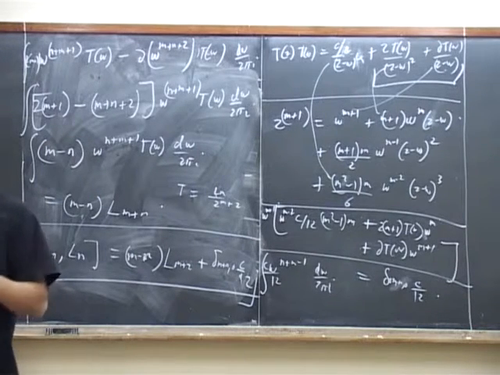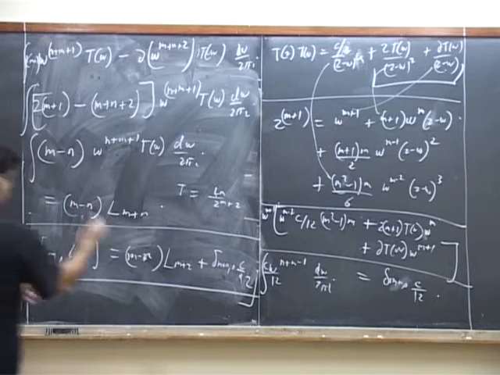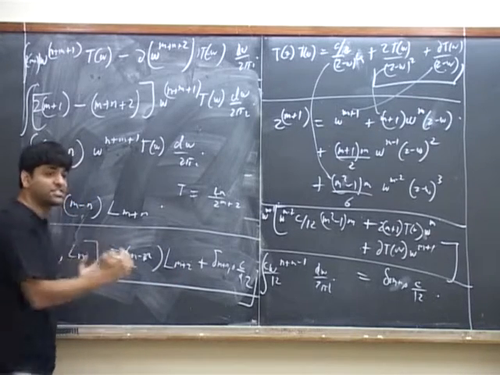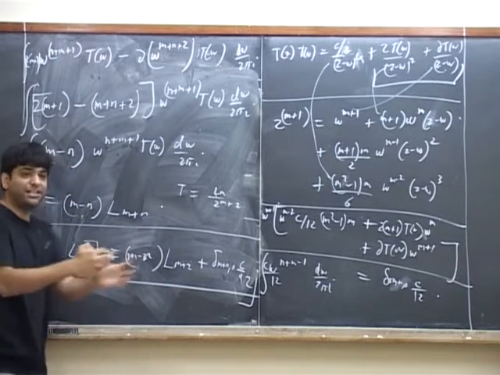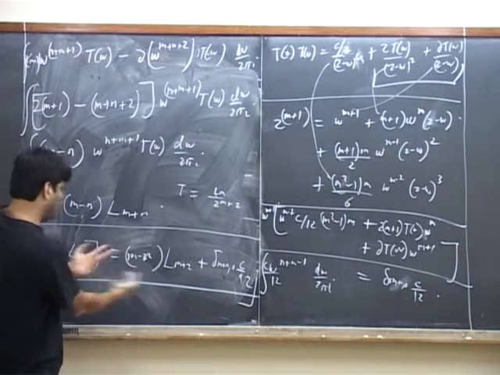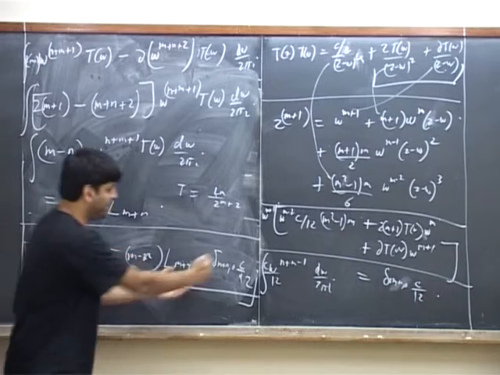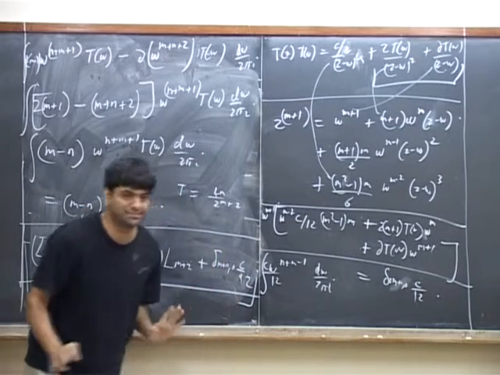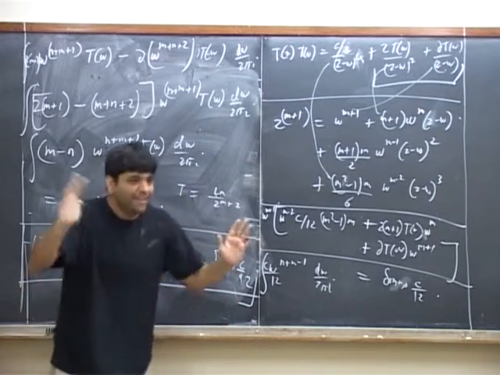Okay? So this thing is completely physical. This transformation is not just a coordinate change. It's a coordinate change plus something else. The combination of the coordinate changes is giving us this. The combination of the Weyl transformations is giving us this. Okay? That's what's going on.